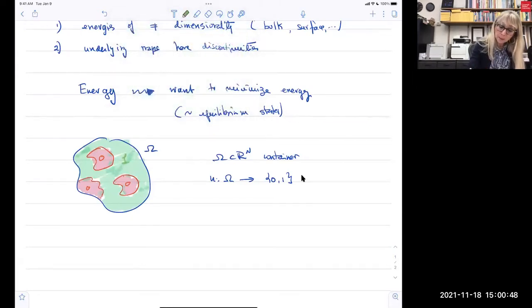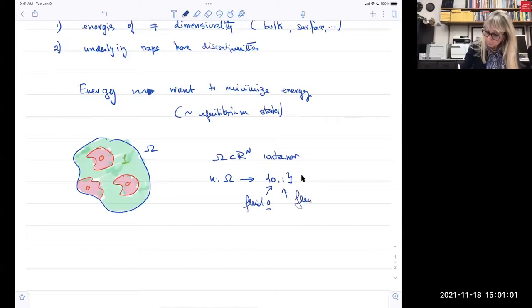And so these would be ones, okay? And the point is that I will also give you, so you can think of this as fluid 0, and this will be fluid 1. And I will give you the total volume fraction. So normally you are given the average over omega of u, which I'm going to call m.